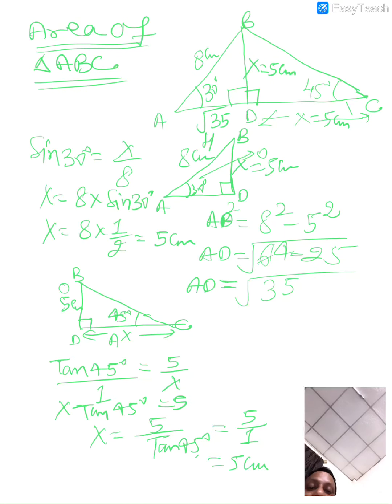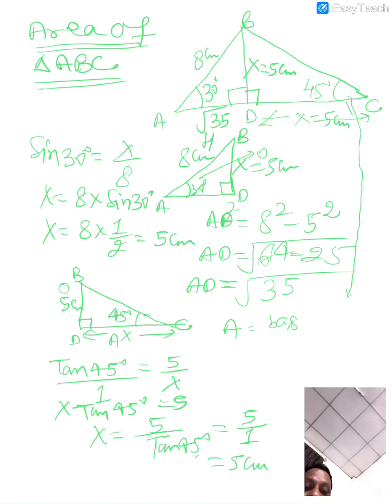If you have already done up to here, practically I want to get the triangle area. So now the total area of the triangle is equal to, you know, base times height divided by 2.